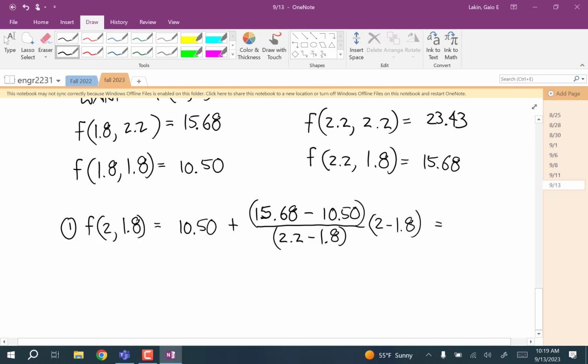Anybody have any questions about this yet? Okay, so what do we got? So for this, I get 13.09.